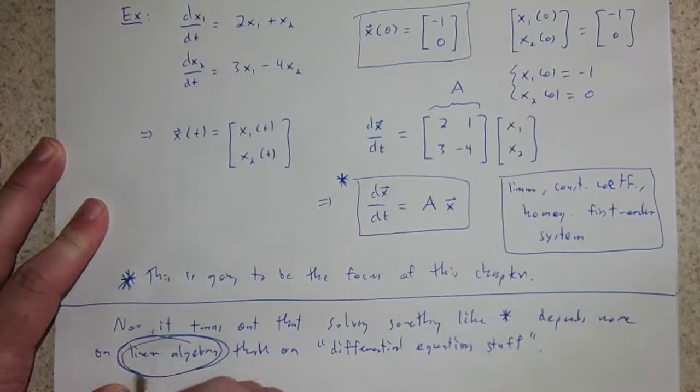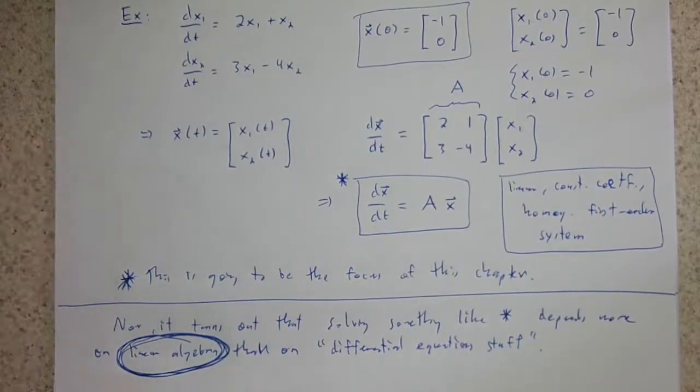This means understanding a few things coming from linear algebra, which you may not have seen before, depending on whether or not you've had 240 or 461. If you've had 240 or 461, then what I'm going to go over here is going to be fairly easy, either completely trivial or just a nice refresher.